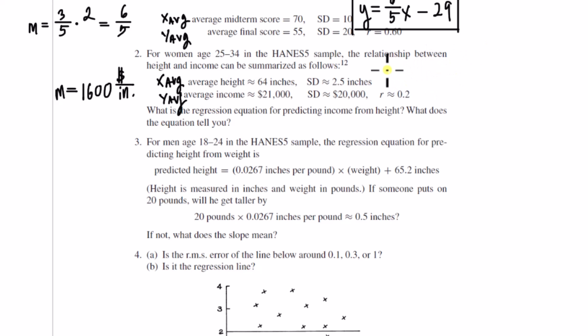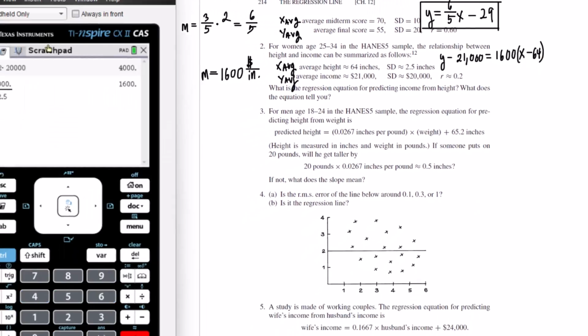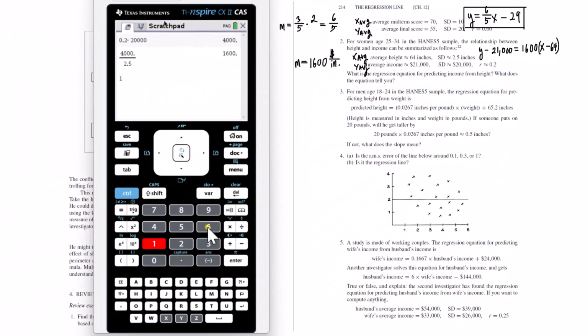So we've got y minus y1 is equal to m times x minus x1. Okay, so we can do, let's see, 1,600 times minus 64.